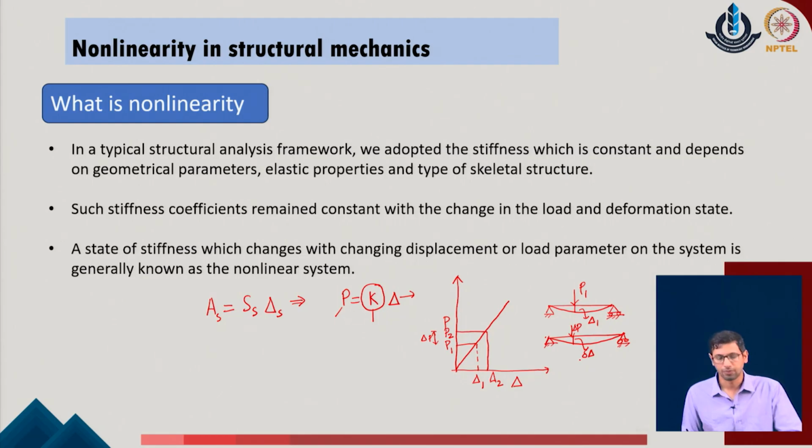Now, what will be the displacement with respect to the total load of P1 plus delta P? One can easily deduce that as the linearity of the stiffness matrix is maintained, we will get the total displacement of delta 1 plus del delta.